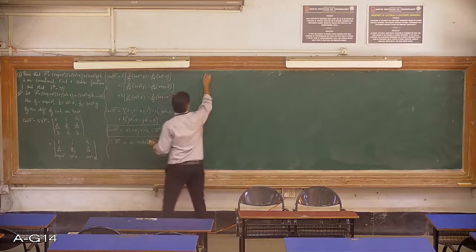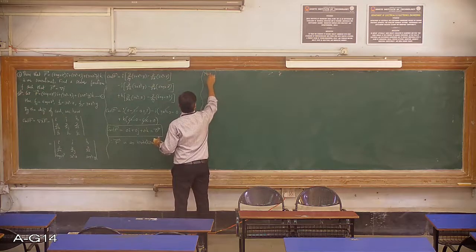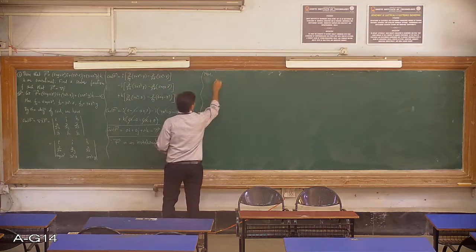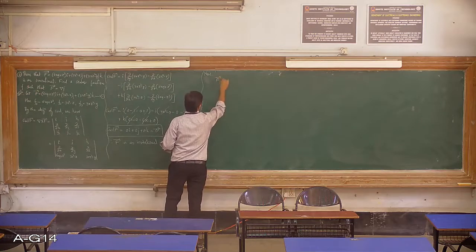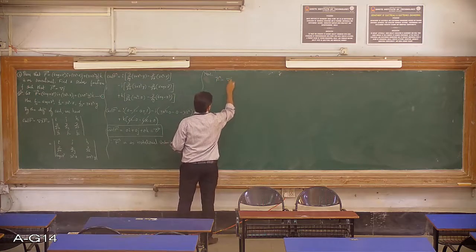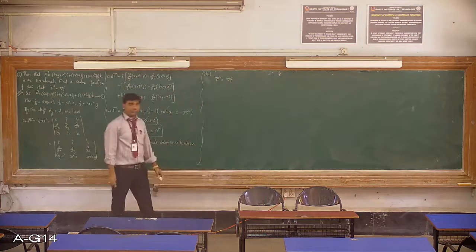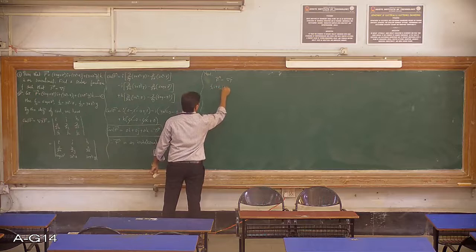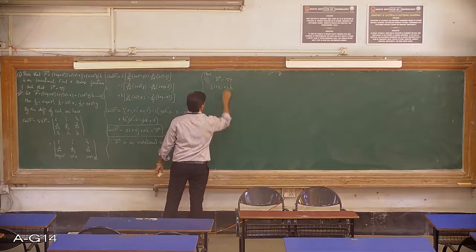So here I'll write next. What they have given: F is equal to the gradient of f. So I'll write F as f1 i plus f2 j plus f3 k.